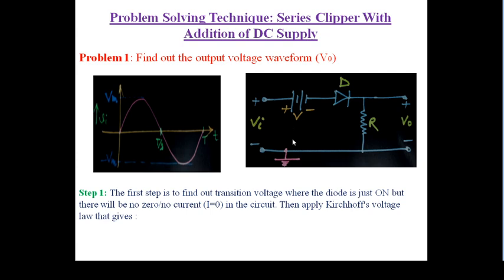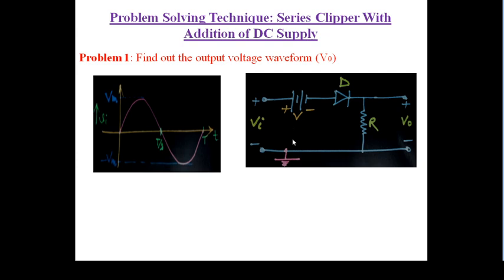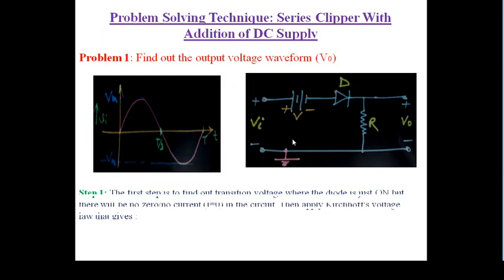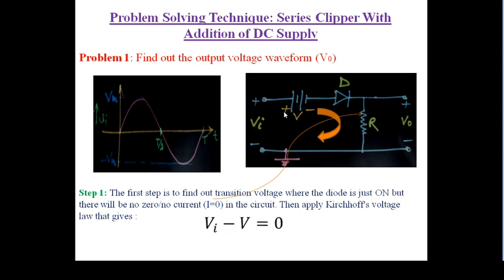So how? Zero current in the circuit. Zero current means I equals 0. After that you just apply Kirchhoff's voltage law in this loop. It will give Vi minus V equals 0.